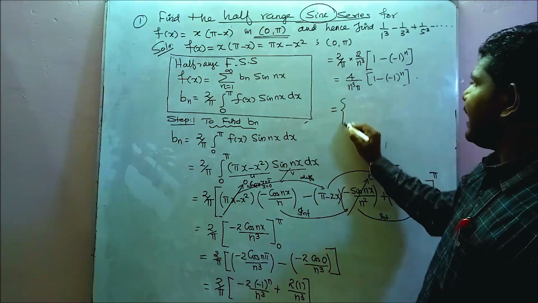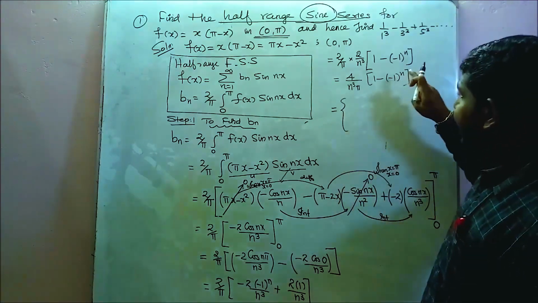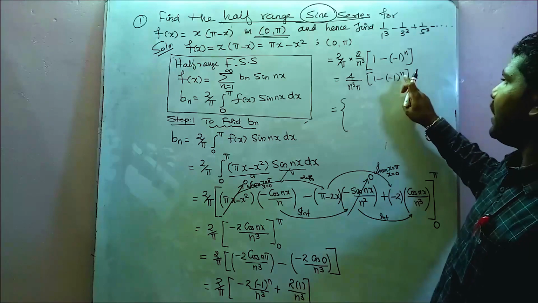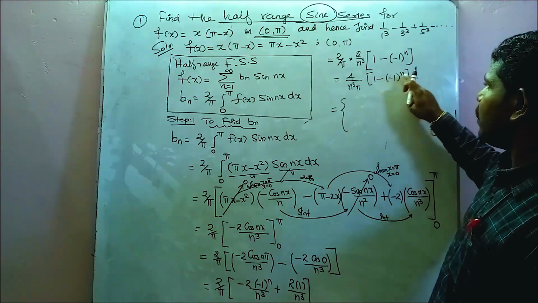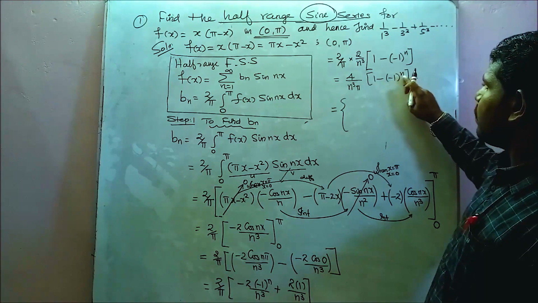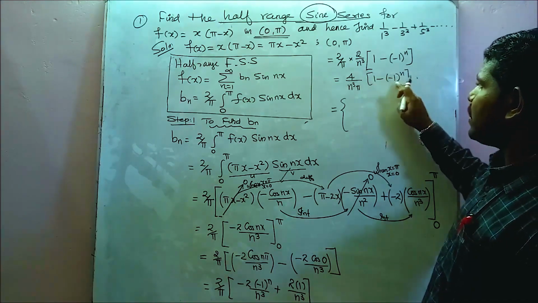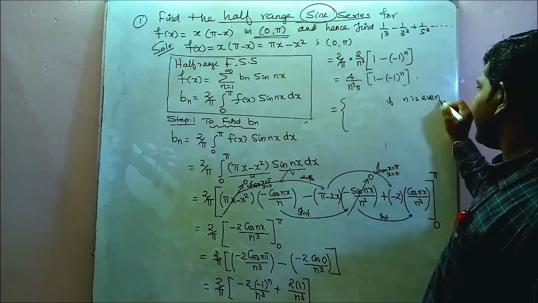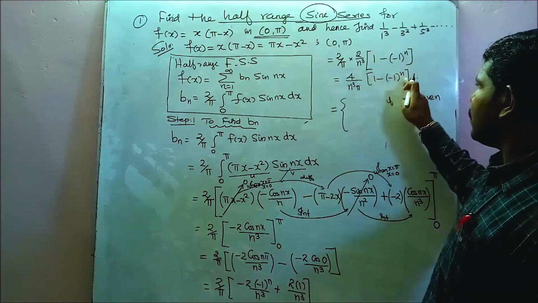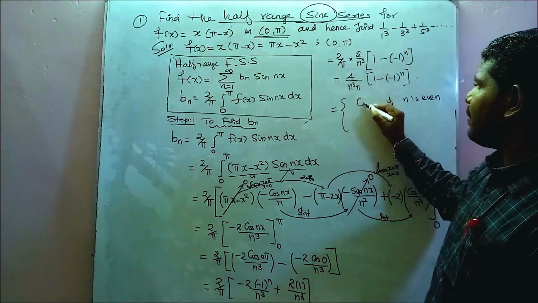Suppose ஒருவேளை நீங்க n க்கு வந்து even numbers போட்டீங்கன்னு வச்சுக்கோங்க, put n is equal to even, என்ன ஆயிரும் 1 minus minus 1 the whole power 2, minus 1 the whole power 2 னா 1, so 1 minus 1 is 0. So if n is even, n even ஆ இருக்கும்போது இந்த term 0.